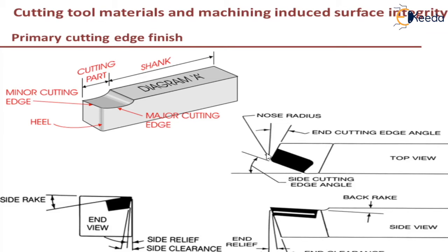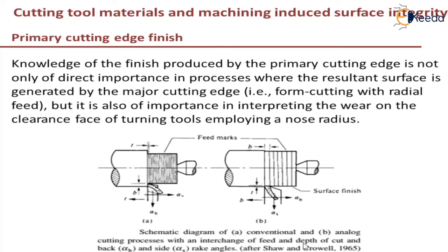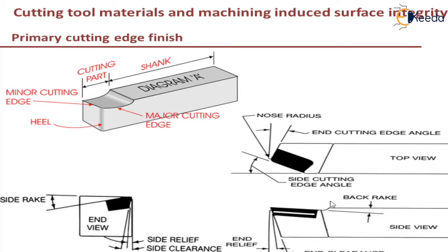The corresponding angles can also be observed: the side cutting edge angle, end cutting edge angle, side clearance angle, end clearance angle, and also the back rake angle. We will be referring to the clearance angle and the back rake angle in the further slides.